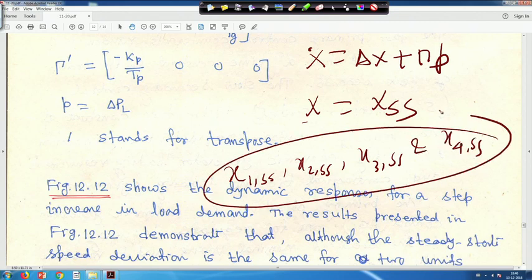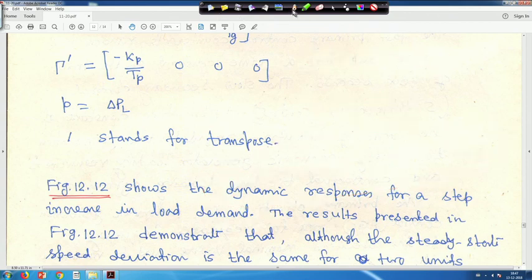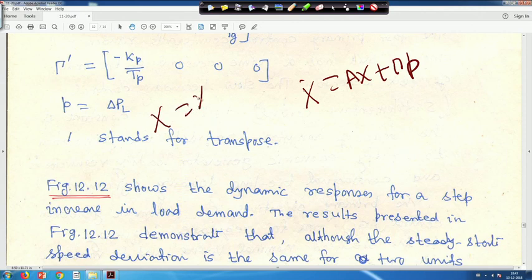So all the steady state values of all the state variables. Now when all these reach the steady state, what will happen to the derivative? The derivative will be 0 for all the state variables. So we can write again x dot is equal to A x plus gamma p, but at steady state x is equal to x_ss.